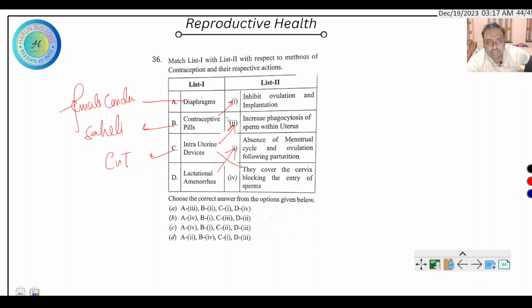And the diaphragm covers the cervix, blocking the entry of the sperm. So here the right answer is A4. B, contraceptive pill inhibits ovulation, B1. C3, intrauterine device increased phagocytosis, 2. Sorry, not B. C is the correct answer.